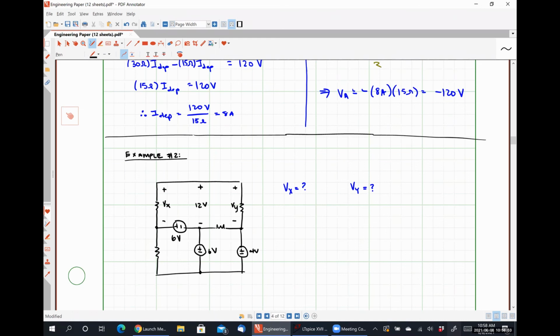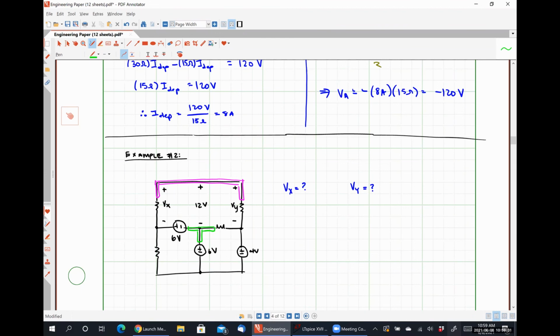So if I have a 12-volt potential difference where I just had boxed in red, that means that this node I'm outlining in pink is at a potential of 12 volts higher than this node, which I've just outlined in green.